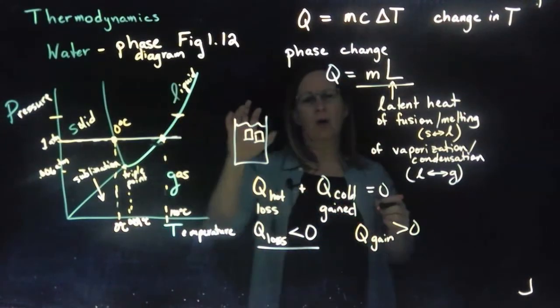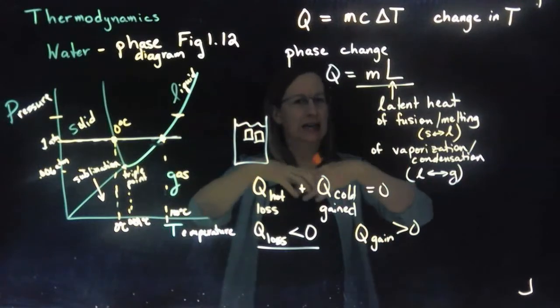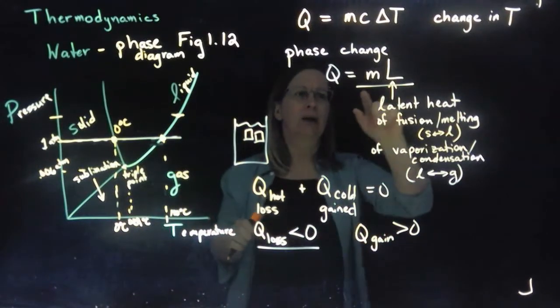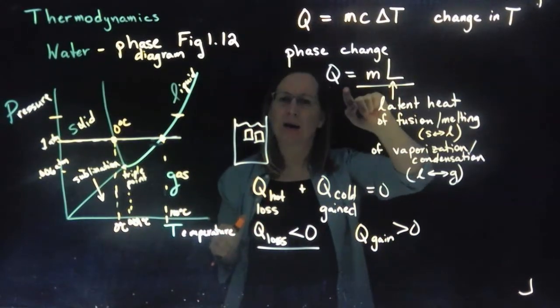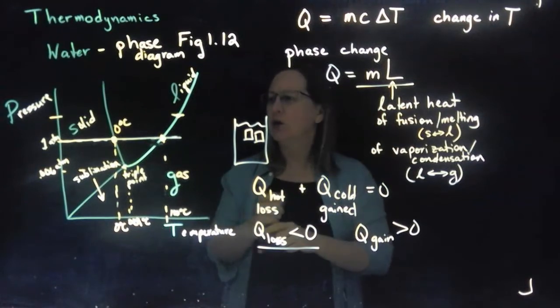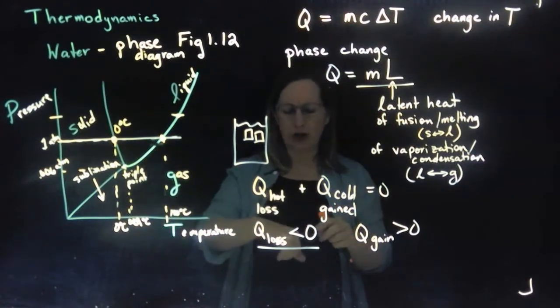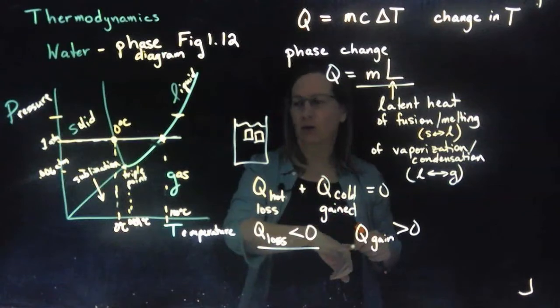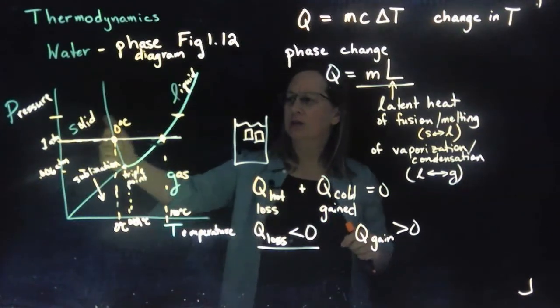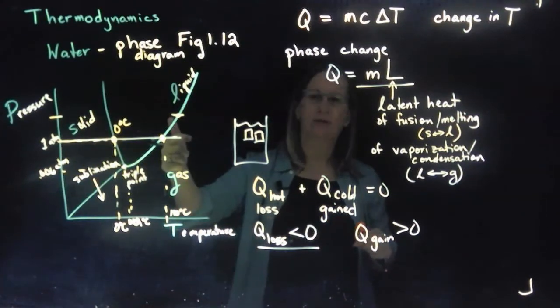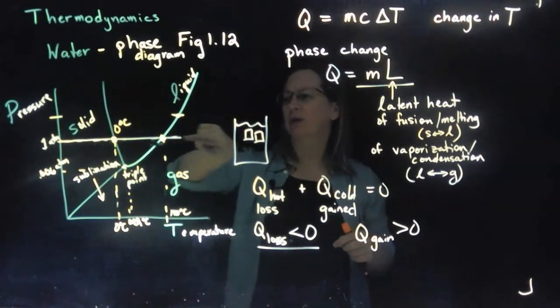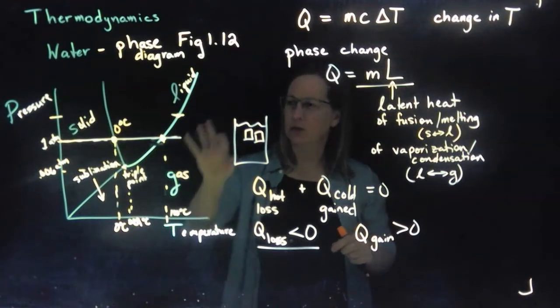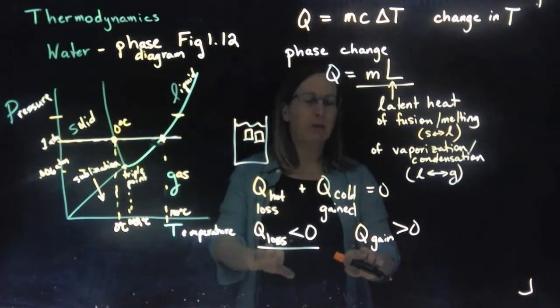So if you're ice and you're gaining heat to turn into liquid, then that would be a positive value here. Okay, so pay attention to which direction, whether you're losing heat or you're gaining heat. And when you go this direction on this plot, you have to gain heat, right? But if you go this direction, you're losing heat. So maybe that helps you out with keeping track of your signs.